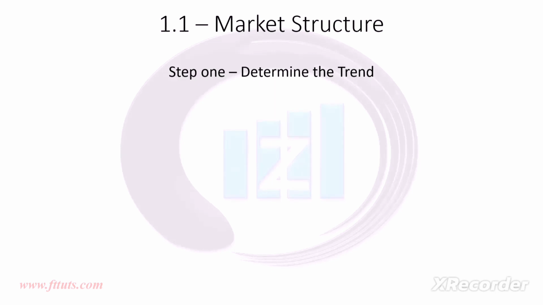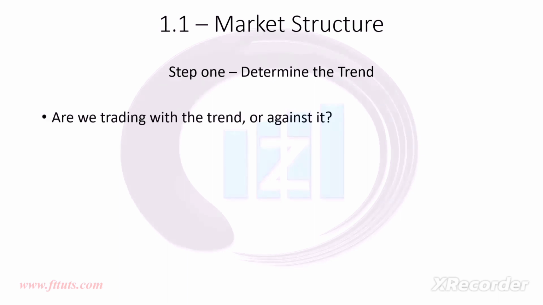So, first thing we need to do is determine the trend. That is just step 1 of trading. We need to know, are we trading with the trend or are we trading against it? Now, that doesn't mean that we can't trade against the trend. I mean, everybody that's been in forex for any length of time has heard the adage that the trend is your friend, and that is a very true maxim, that you're going to get your most profitable trades out of trading with the trend because the movement is going to be greater.